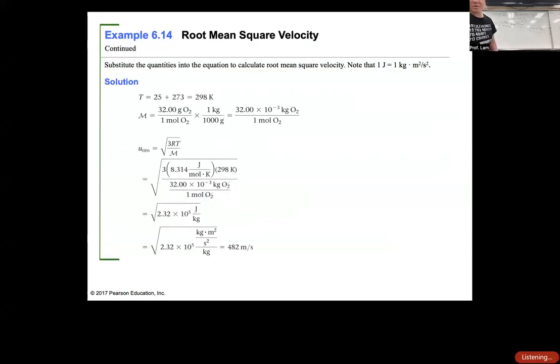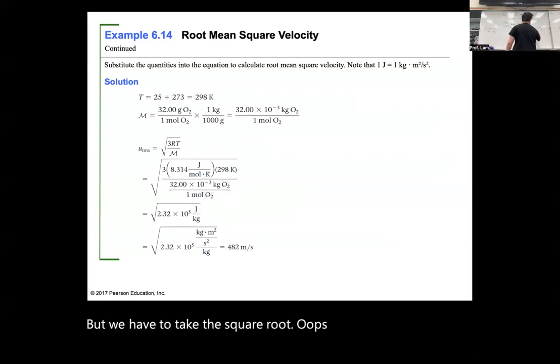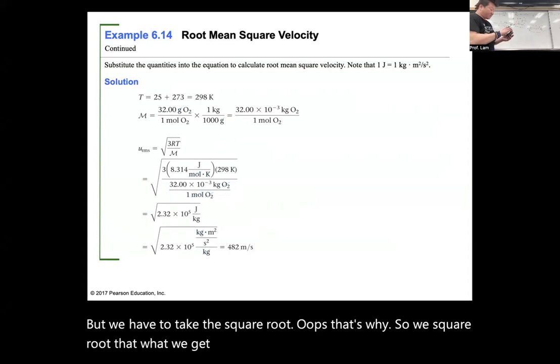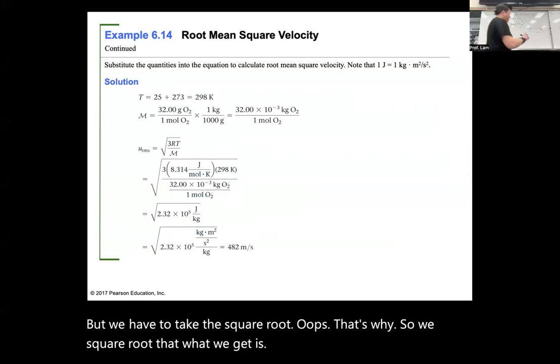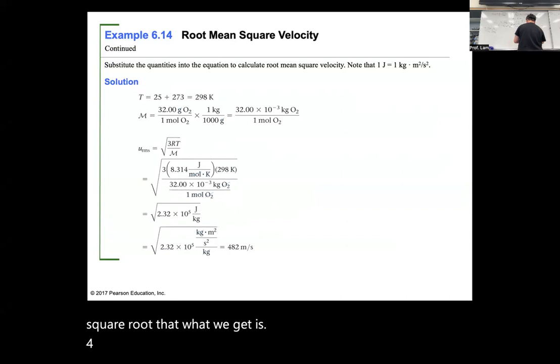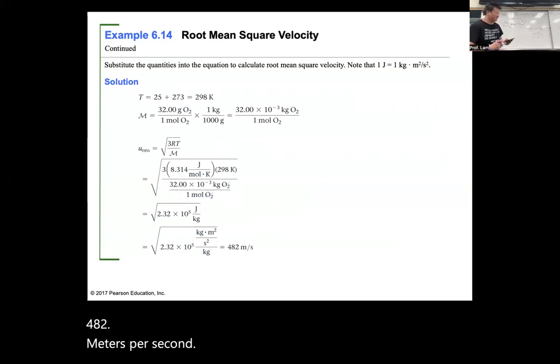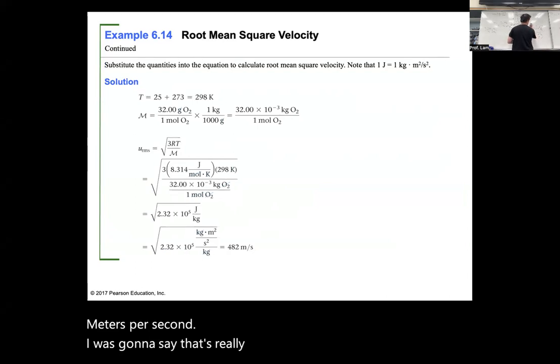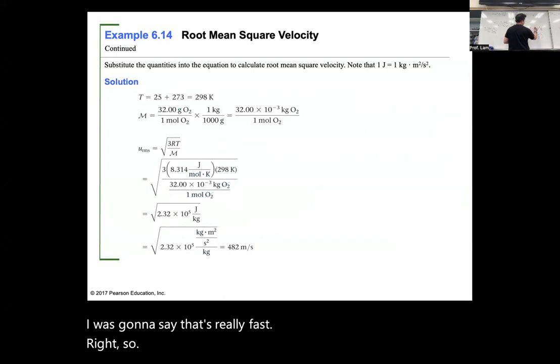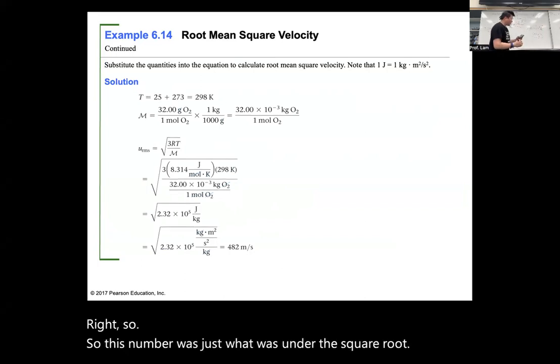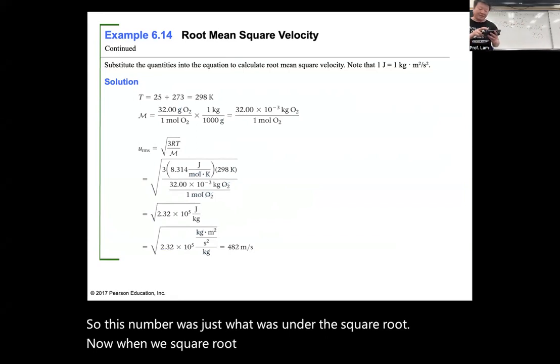Oh, but we have to take the square root. Oops, that's why. So we square root that. What we get is 482 meters per second. I was going to say that's really fast. Right, so this number was just what was under the square root. And now when we square root, we get 482 meters per second.